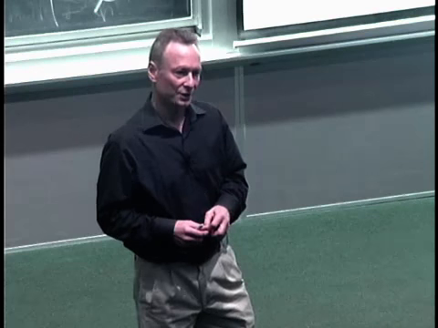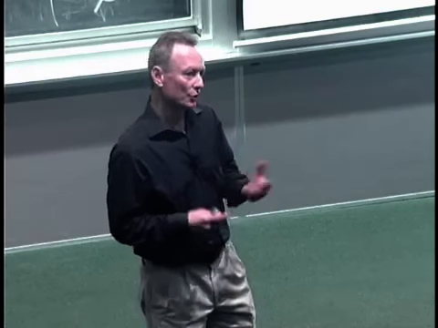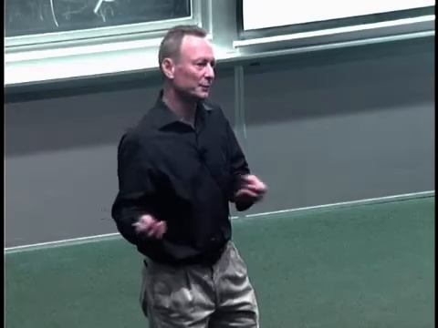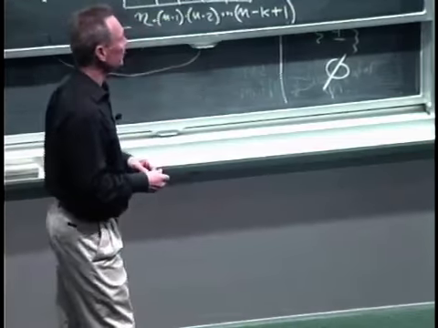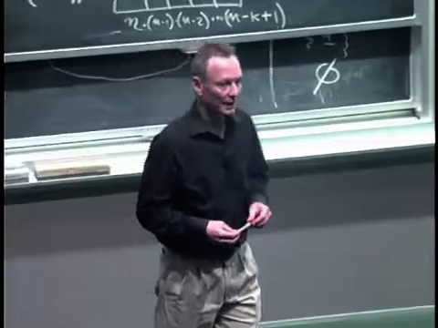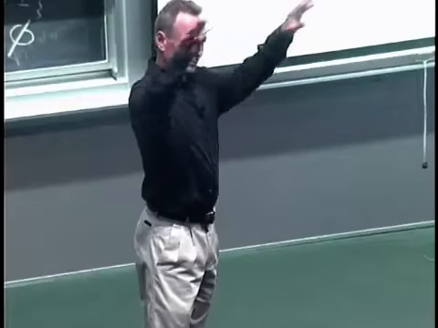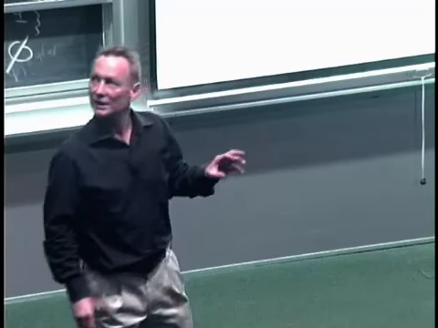But if your coin is not fair, of course, heads is going to have a different probability than tails. If your coin is biased towards heads, then heads is going to be more likely. So we're not quite in the uniform setting. Our overall sample space, omega, does not have equally likely elements.